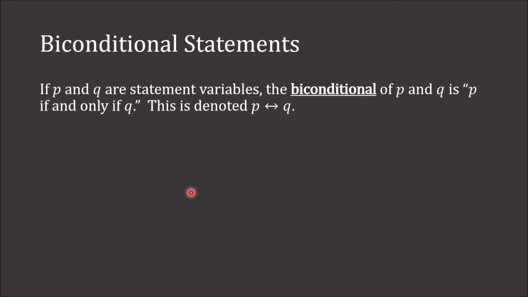We now look at the biconditional statement. If P and Q are statement variables, the biconditional of P and Q is P if and only if Q. This is denoted as P, a double arrow, Q. Now, often we will shorthand if and only if as IFF.